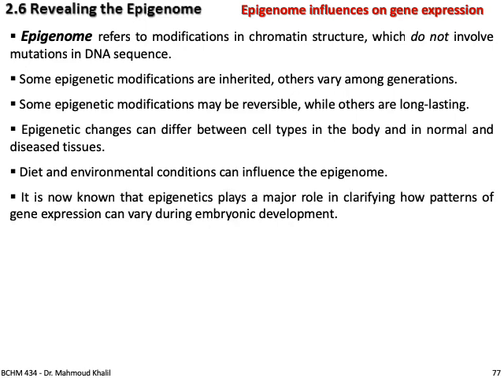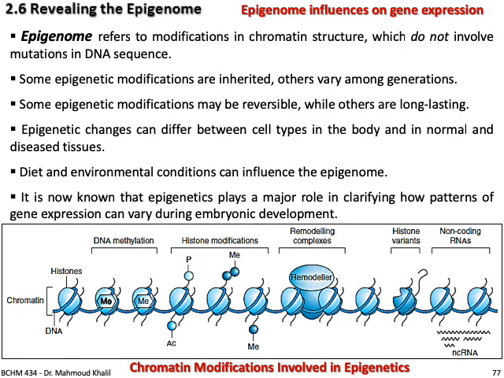It is now known that epigenetics plays a major role in clarifying how patterns of gene expression can vary during embryonic development. You can see here that the chromatin is involved in epigenetics through DNA methylation, histone modification, remodeling complexes, histone variants, and non-coding RNAs.